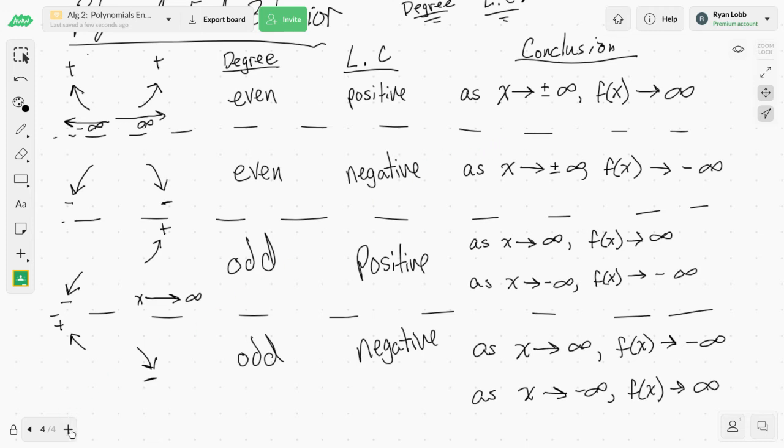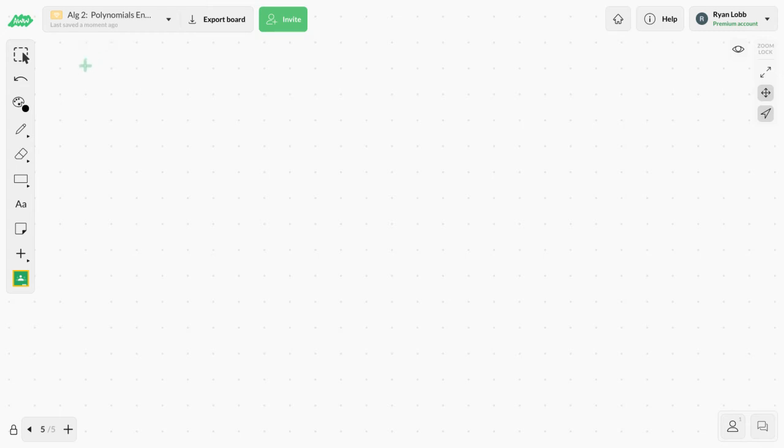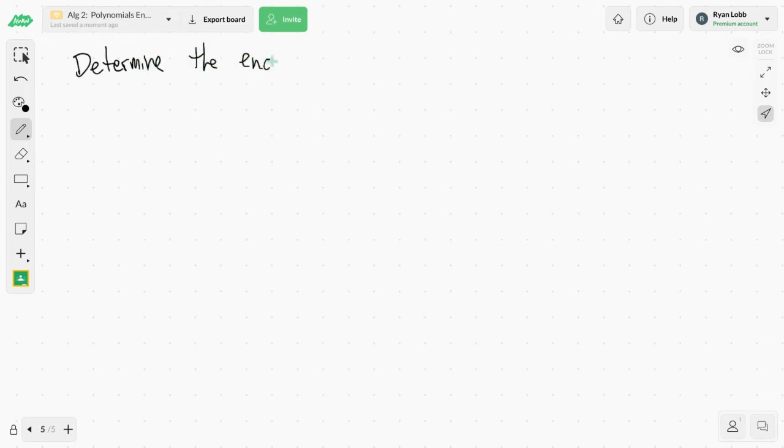So now, how does this look in practice? Well, here we go. We'll say: determine the end behavior for each function.